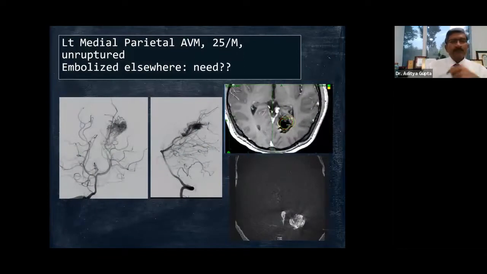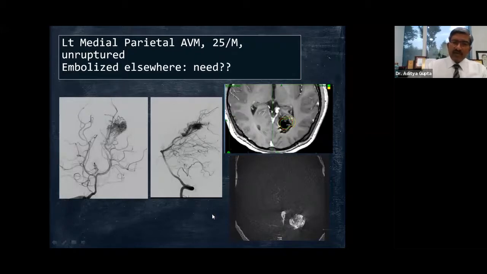Now, another case in which I would like to show is that for these small compact AVMs, embolization should not be done thinking of it as the first step in the treatment of the patient. So this patient, a 25-year-old, came to us with this unruptured AVM, but somebody had already embolized it partly.